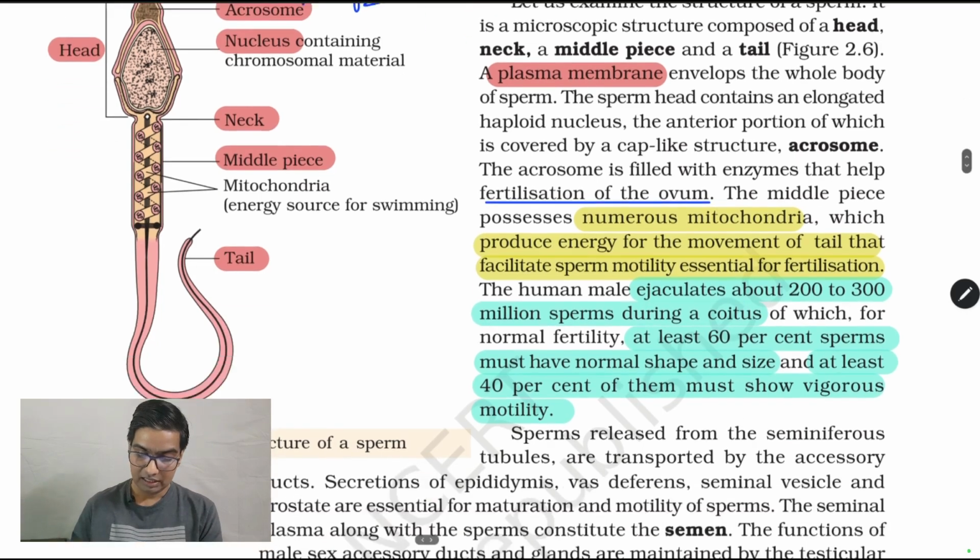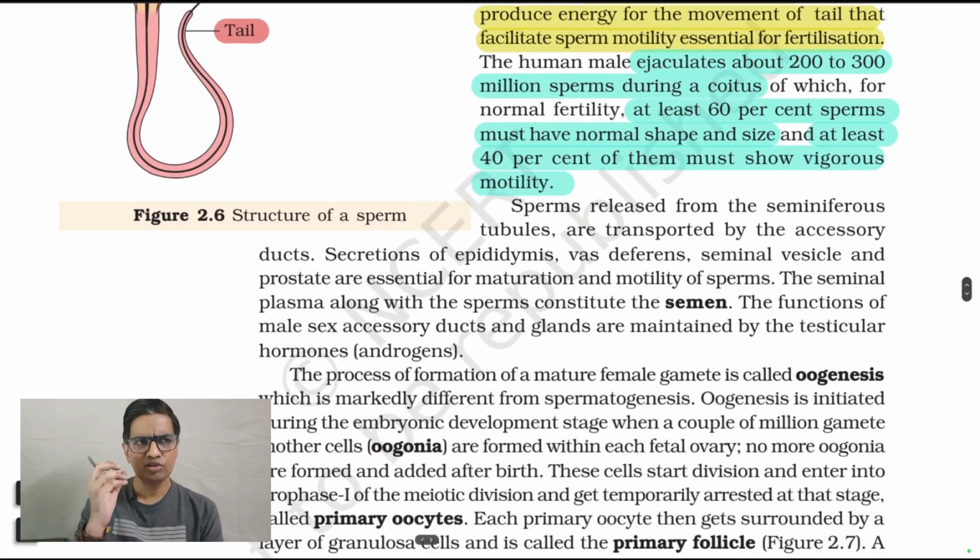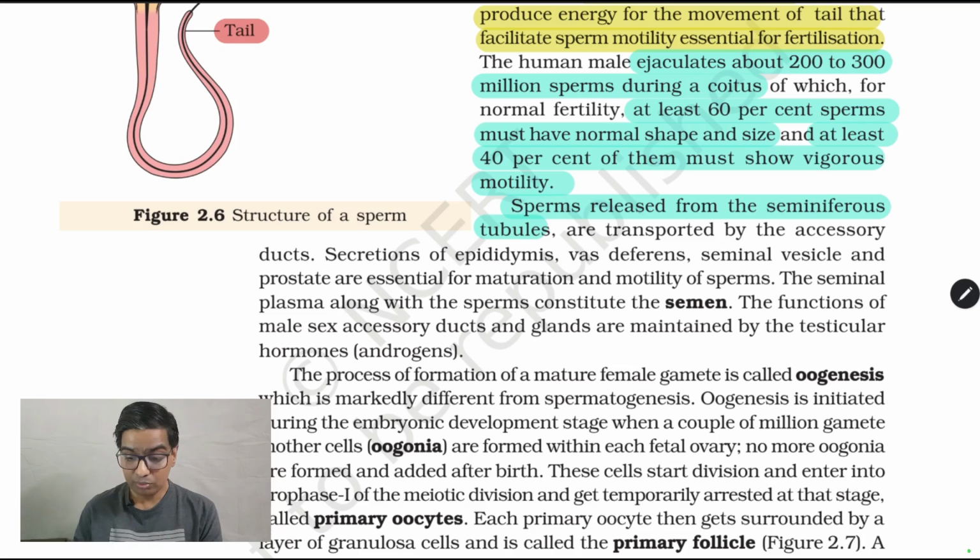Clear? Now, the sperms were made in the seminiferous tubule, and spermiation happened, right? After spermiation, the sperms were released in the seminiferous tubule. Then they are transported by the accessory ducts. Then the secretion of the epididymis comes, and the secretion of the vas deferens, seminal vesicle, prostate.